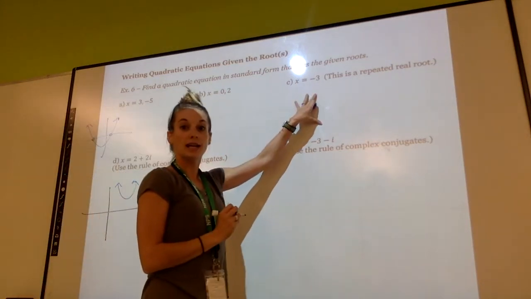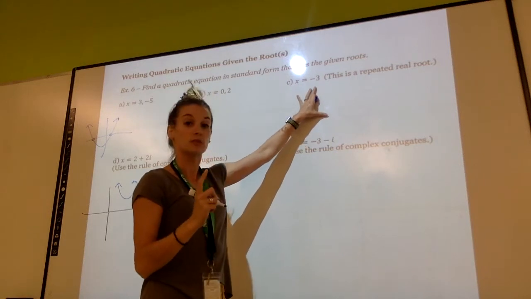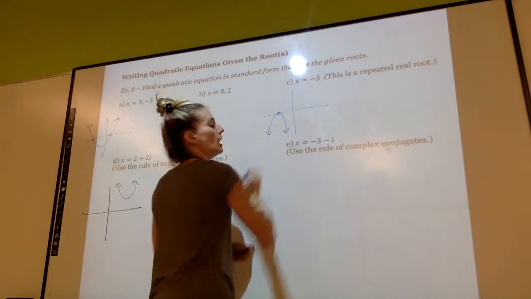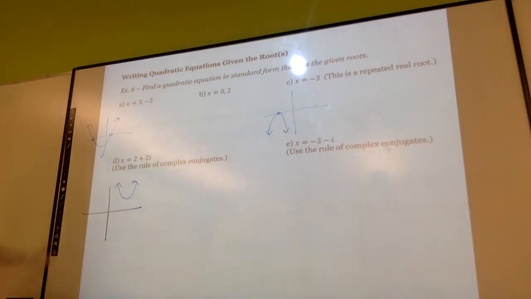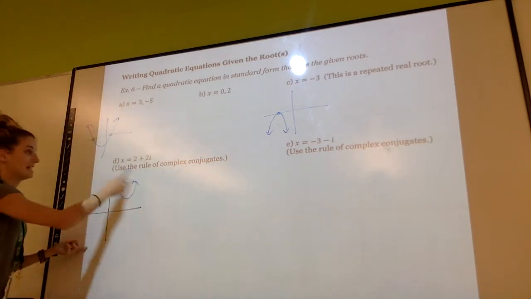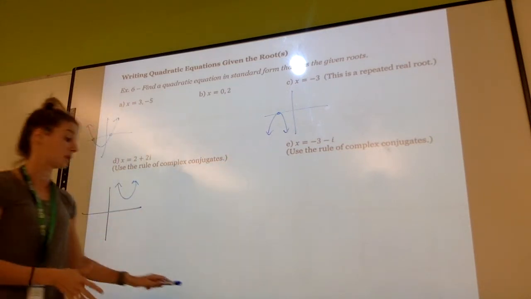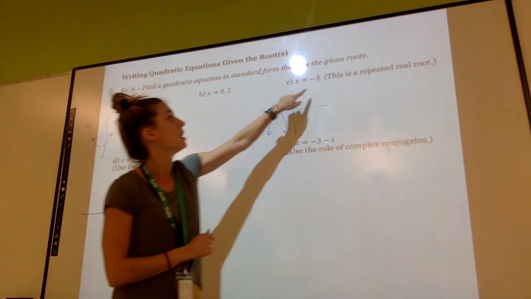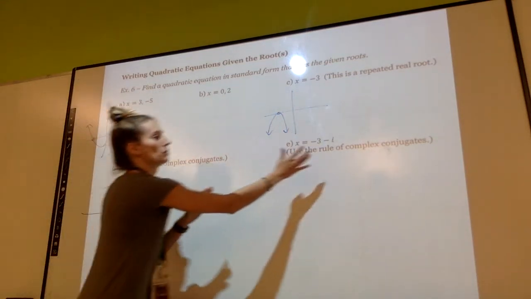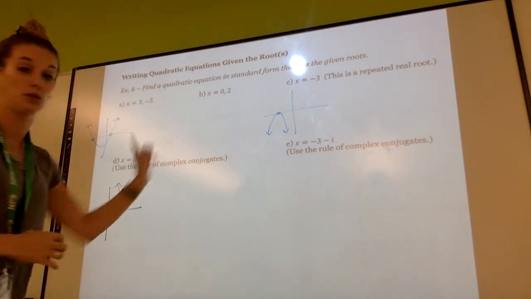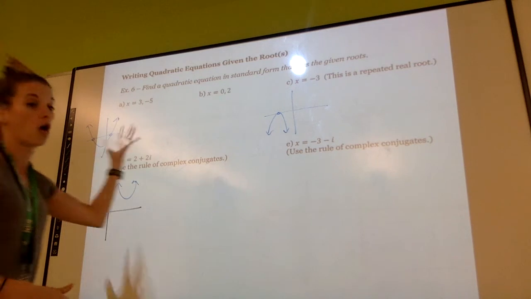And when a quadratic has just one solution that is real, that's like a touch and turn on the x-axis. So we've basically got discriminant is positive, discriminant is 0, discriminant is negative. And this is basically what your solutions come out to be: 2 real solutions, 1 real solution, and imaginary solutions. So now we should be able to write quadratic equations given those solutions, given those roots, for all 3 cases.